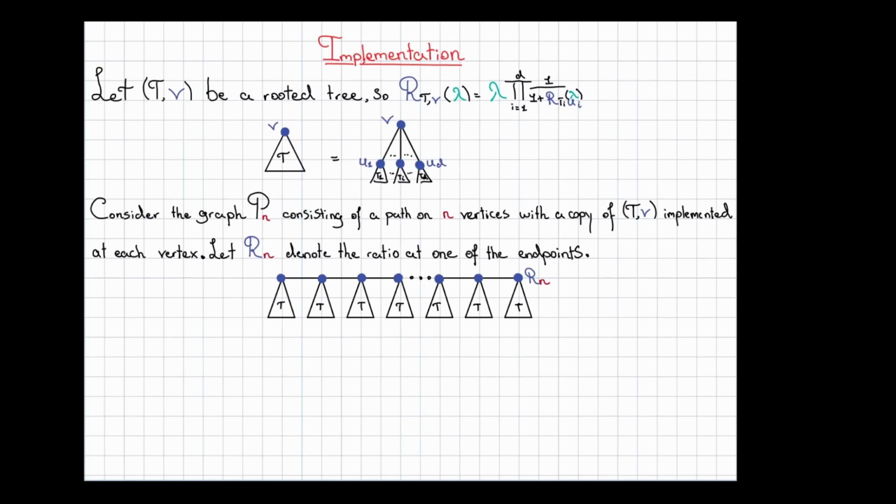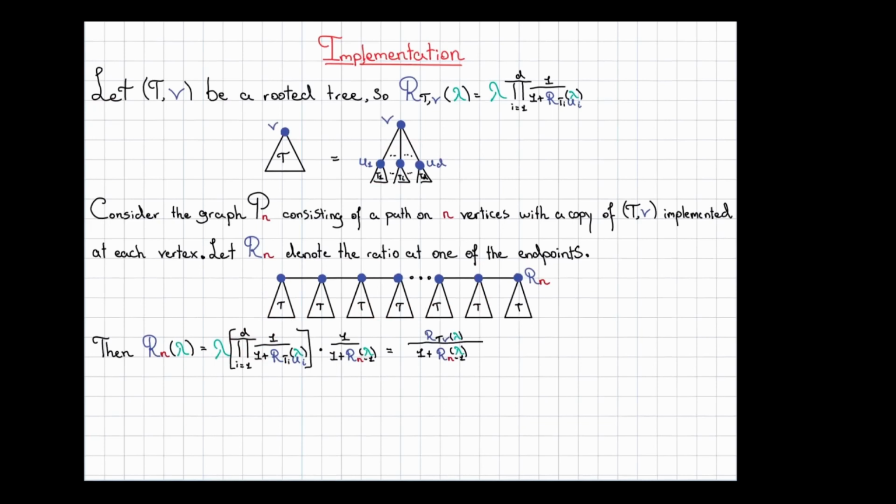So how does this work? Well, what are the neighbors of this endpoint? The neighbors of this endpoint are just these neighbors here. So those are those ratios, and the rest of the graph, which is the same graph, but on n-1 vertices. So if I denote the ratio here by Rn, then I can express Rn of lambda by this times 1 divided by 1 plus Rn minus 1 of lambda.